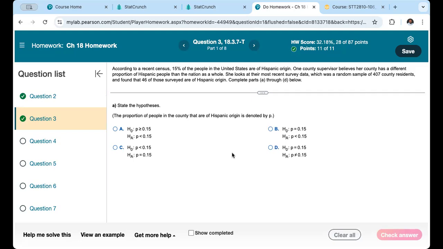Mine, not yours. Okay. For yours, what is the right answer? It was H naught equals 0.16, and then p naught is 0.16. For the signatures, it would have been D. Okay, I see.